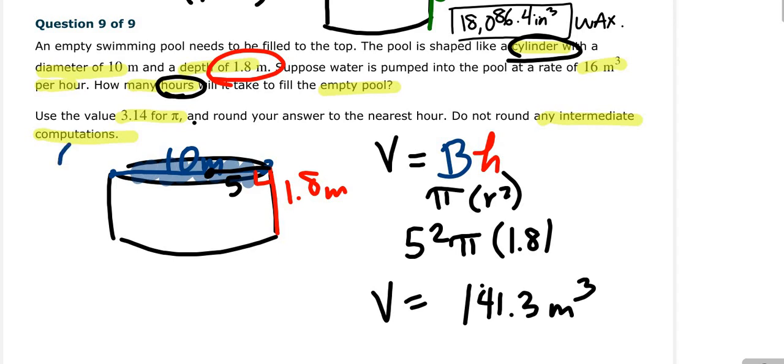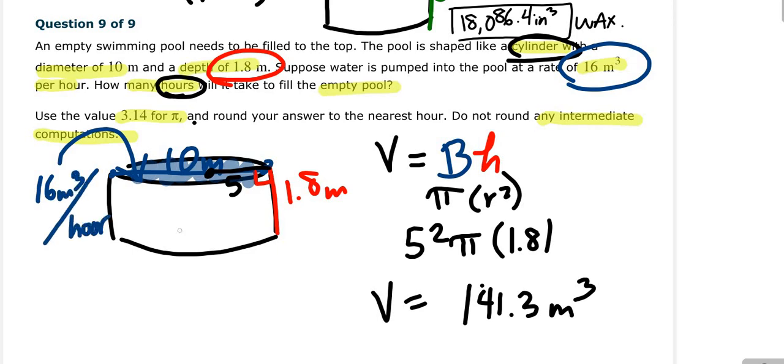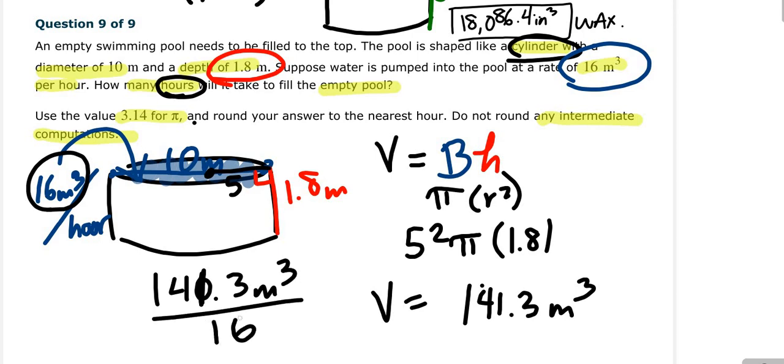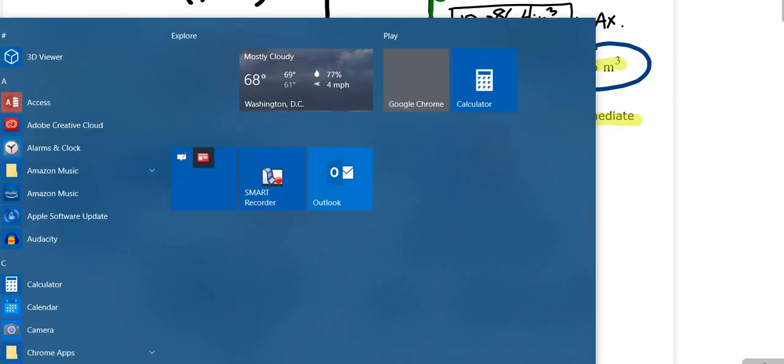Now, water is going to flow in there at a rate of 16 meters cubed for every hour. So to calculate how many hours will it take, we divide. For every 1 hour, we're going to get 16 meters cubed. So 141.3 meters cubed divided by 16 is where we're going here.